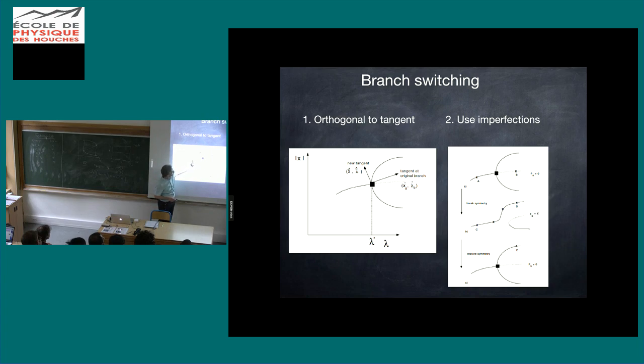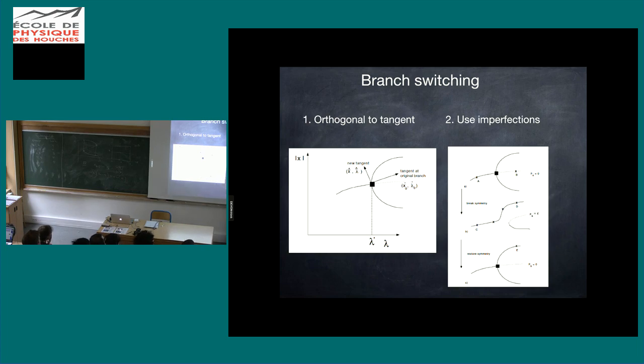Well, this is what I just said, but there's a smarter way, and this is how we often use it in practice. You know that if there's a pitchfork, you have symmetry breaking. So what you do, you first compute this curve here, and then from here you make the system a little bit asymmetric. So for instance in the wind-driven problem, you add a little asymmetric component to the wind.